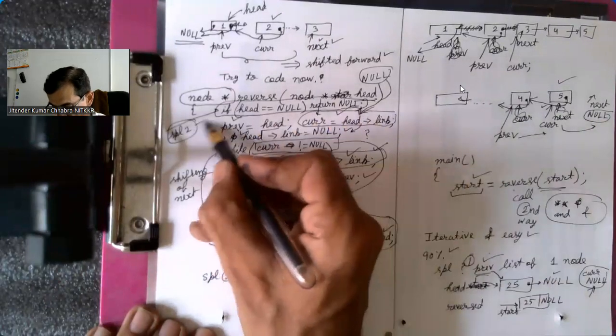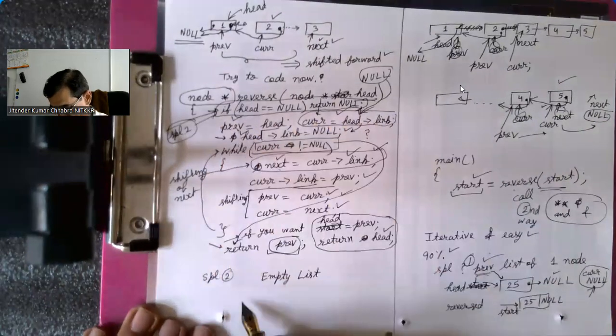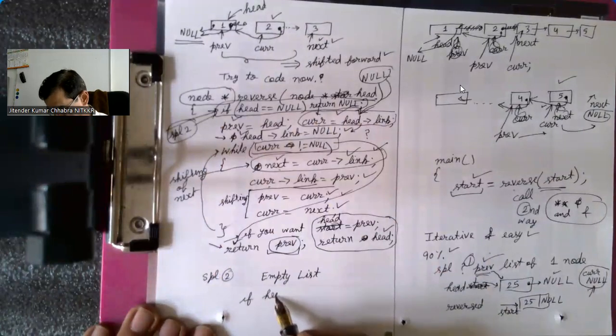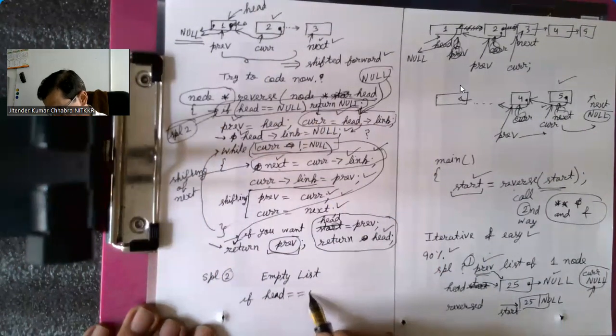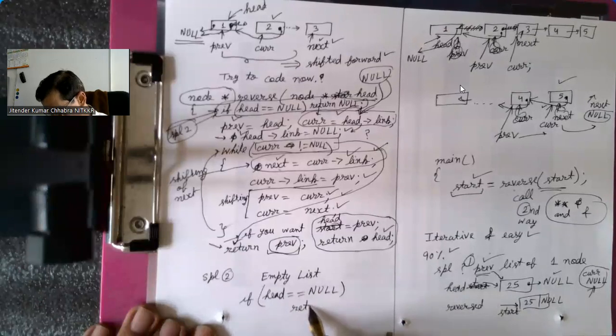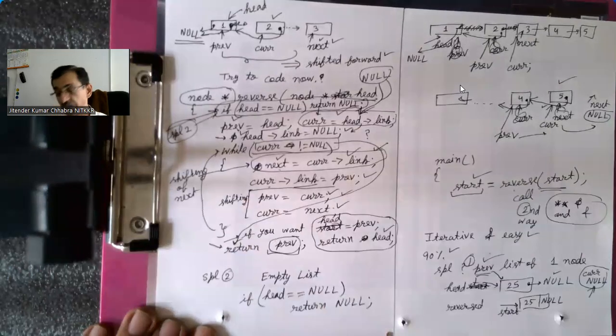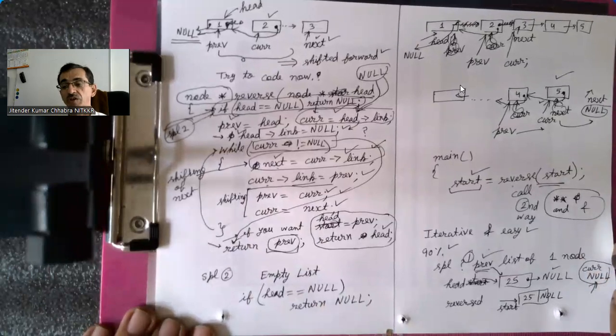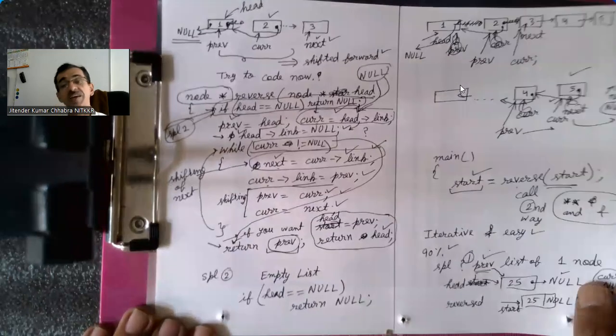So this will become special condition 2. So you could write if head equal to null, then you are going to return null because the list is already empty, or return head, one and the same thing. Else your rest of the code will work without a difficulty. So having said that, this reversal works without much of a problem.